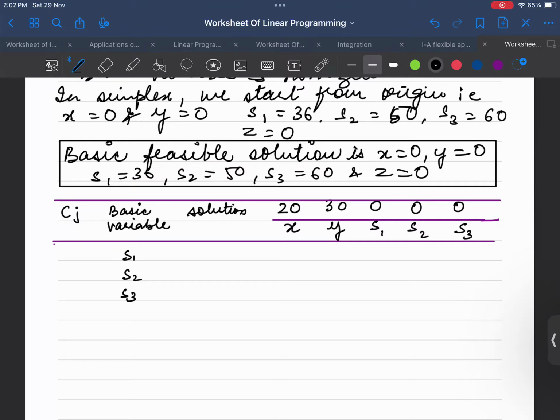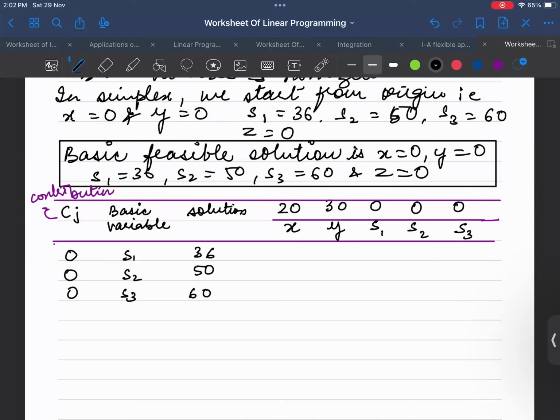Right? Now, what's their contribution to the objective function? Contribution, right? It is 0, 0, 0. And what was the solution? We have just solved: S1 was 36, S2 was 50, and S3 was 60.